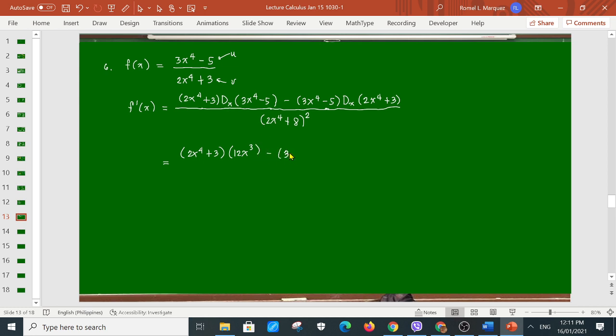Minus 3x to the fourth minus 5, derivative 8x cubed. Then plus 0. We don't write that anymore. Di ba? Dali. Kung galing kayo sa STEM, sa senior high, you know already this. 2x to the fourth plus 8 raised to 2.